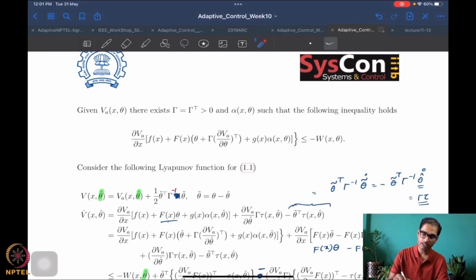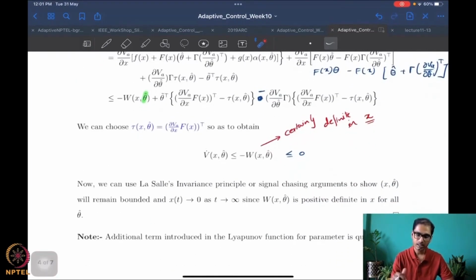So this w is certainly positive definite in x. Therefore this whole thing is certainly negative definite in x, which means that I will be able to show that x goes to 0 by LaSalle invariance or Barbalat's lemma, signal chasing, and that's it, because wx theta hat is positive in x for all theta hat, and you will have bounded x and theta hat, right?